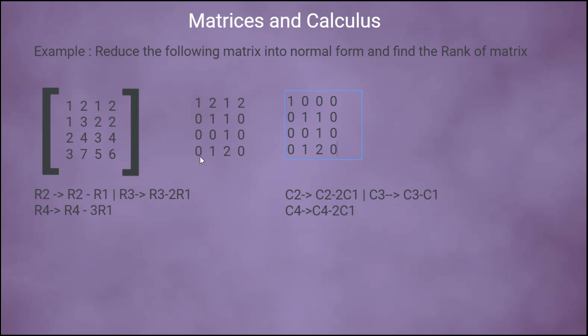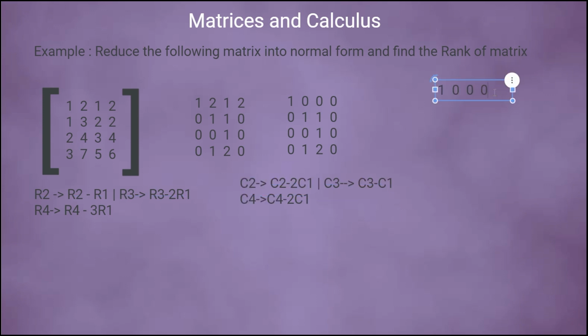And next, here we are having 2, and here we are having 1. We can make this as 0 by R4 minus R2, that is 1 minus 1. Now we can apply R4 minus R2.